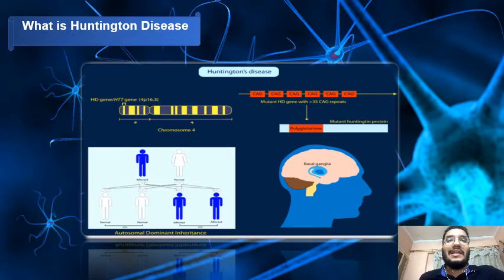The normal allele contains a repeat sequence of 10 to 35 CAG triplets encoding a polyglutamine tract proximal to the N-terminus of the protein huntingtin, and expansion of the CAG repeat tract beyond this range is associated with the development of HD and is transmitted through autosomal dominant inheritance.